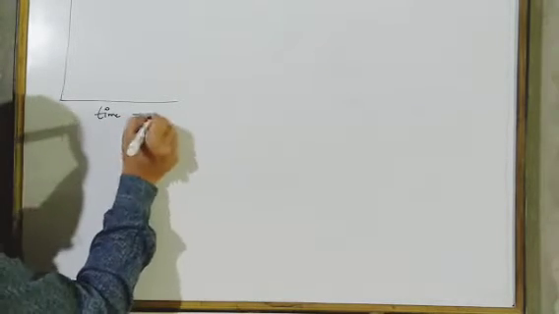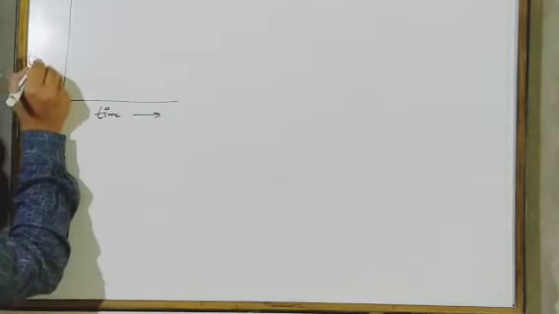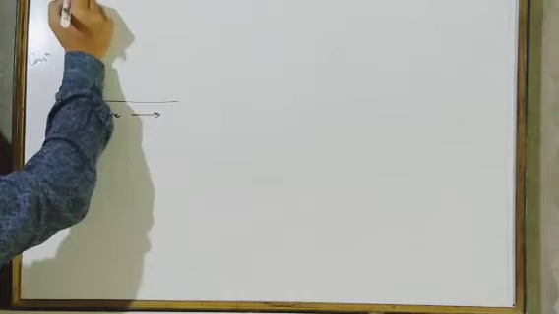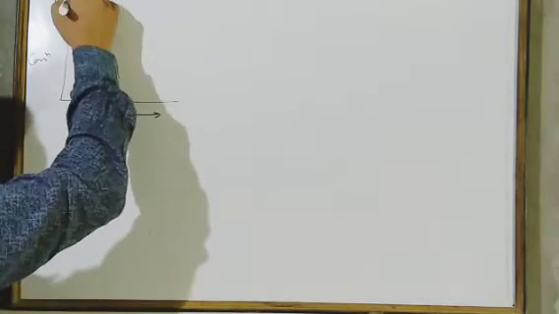So simply, in any reaction, if you plot a graph between time and concentration of the constituent particles, whether they are reactant or product, this axis is for time and this is for concentration. Initially the concentration of reactant is maximum, and as time goes on it decreases.